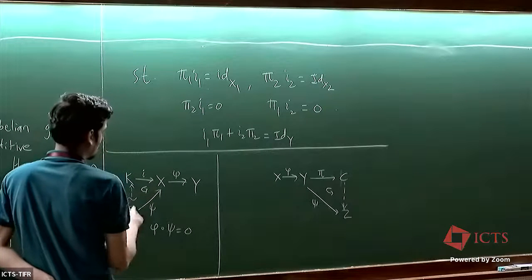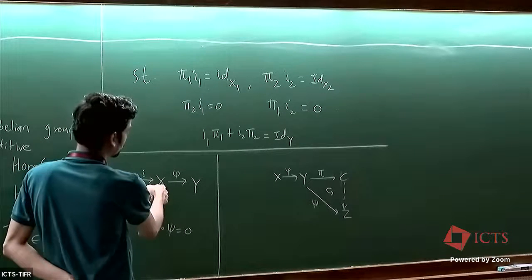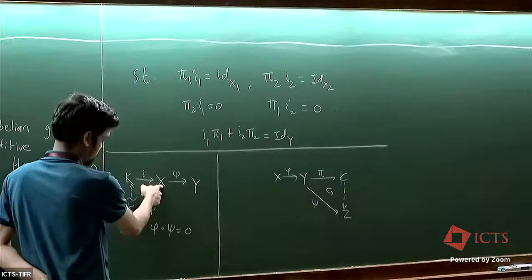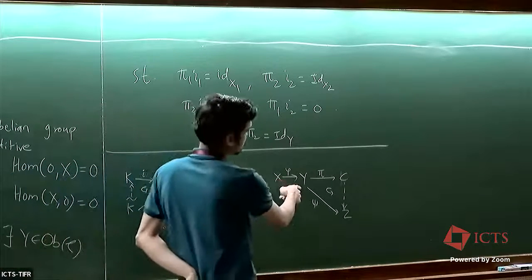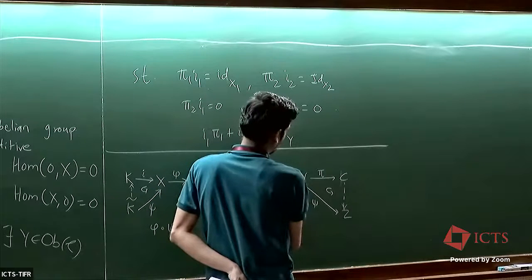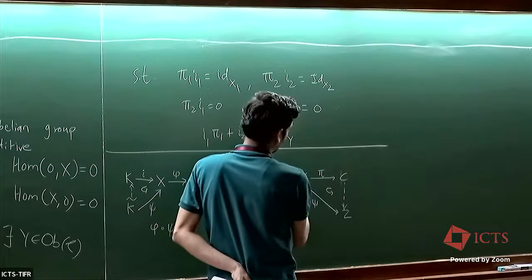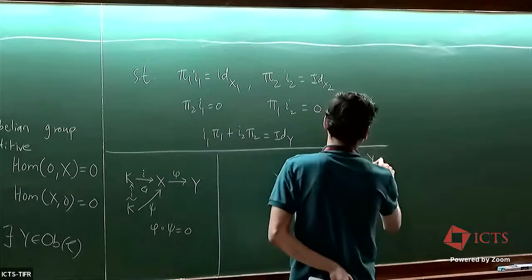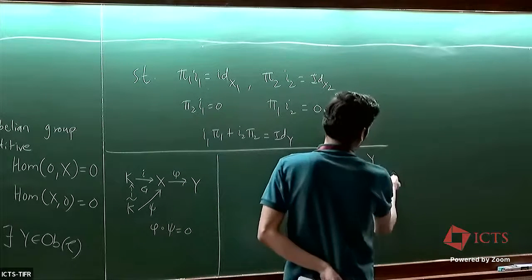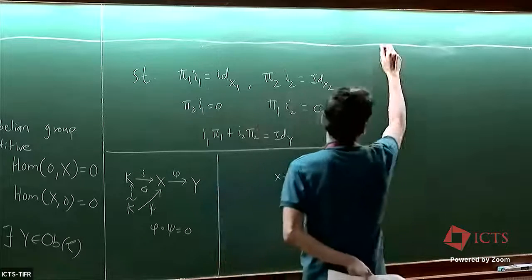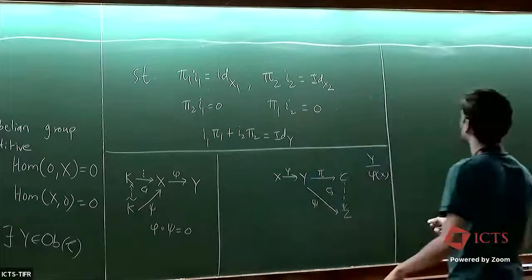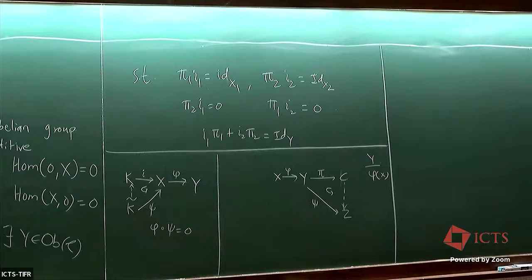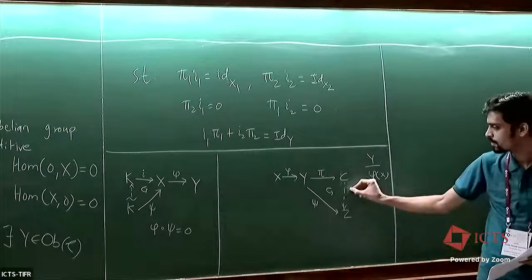So this K turns out to be a subset of X in the category of modules, whereas for a map phi from X to Y, the cokernel is Y modulo the image.